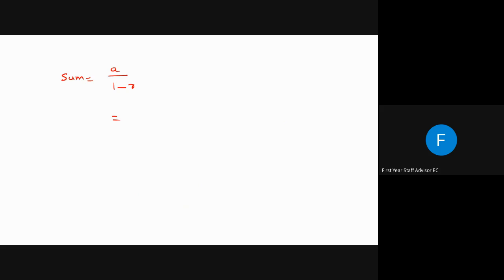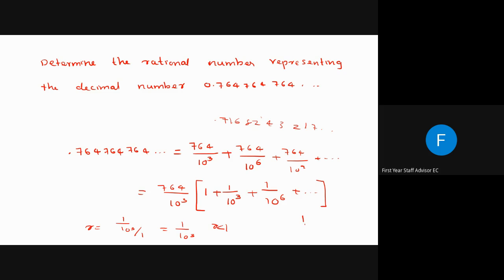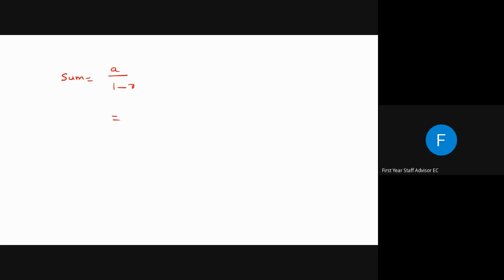Here, what is a? 764 divided by 10 raised to 3. So the sum is 764 divided by 10 raised to 3, divided by 1 minus r. r is 1 by 10 raised to 3.